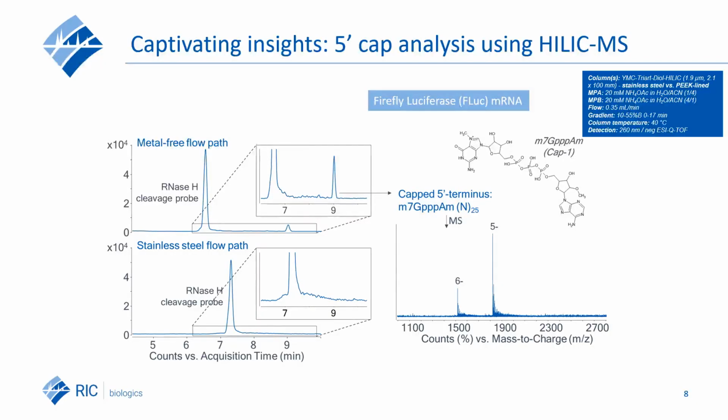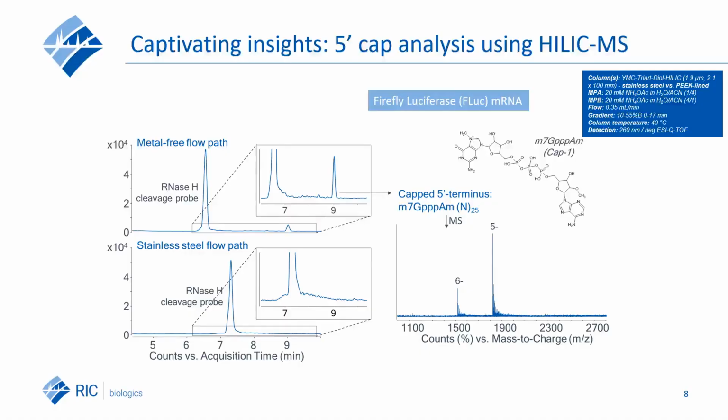Note that the capped fragment was not visible on a stainless steel flow path because of the interaction between the negatively charged oligonucleotides and the positively charged stainless steel surfaces, which can for example be found at the frit at the beginning and the end of the column. For HILIC, it is crucial to make use of a metal-free flow path. Indeed, on this system, the capped fragment is again visible.